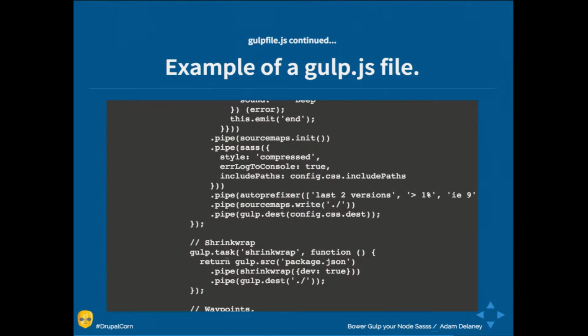Auto prefixer is great. I don't know how many people are using Sass, but when I first started using Sass, I started using a project called Compass, and what Compass would allow me to do was fix all the browser vendor prefix things.